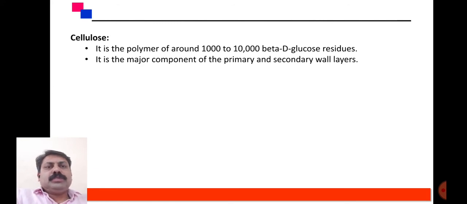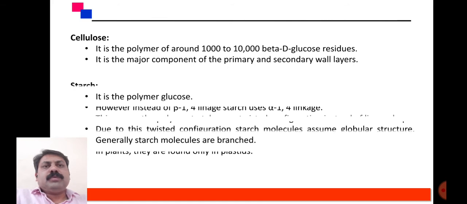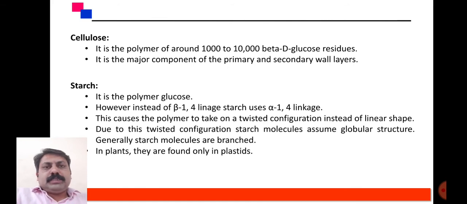Then next, celluloses. These are polymers of about 1000 to 10,000 D-glucose residues, and they are the major component of the primary and secondary wall layers. Then starch. As the entire cell wall has a major composition of carbohydrates, starch is also a major component, and it is glucose molecules combined together to form starch.